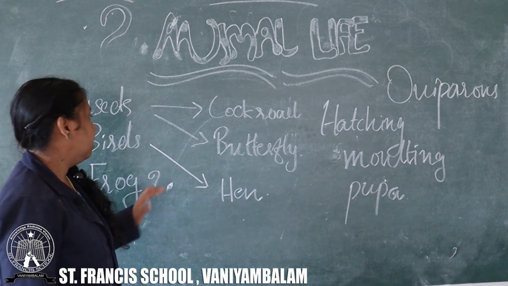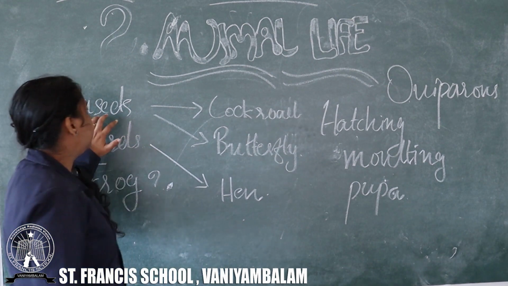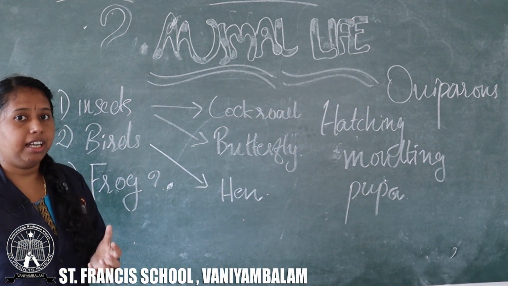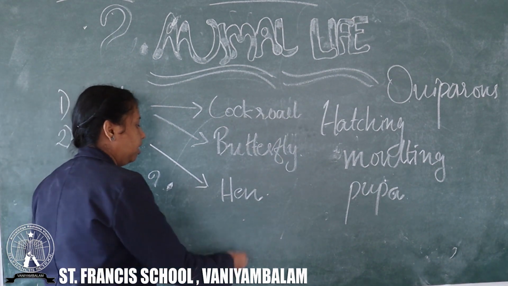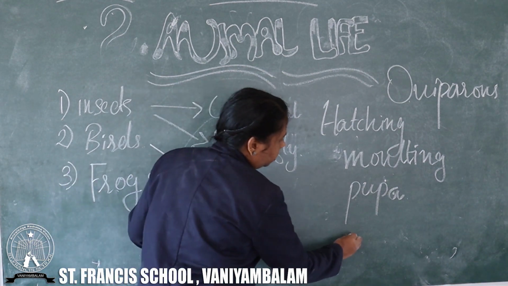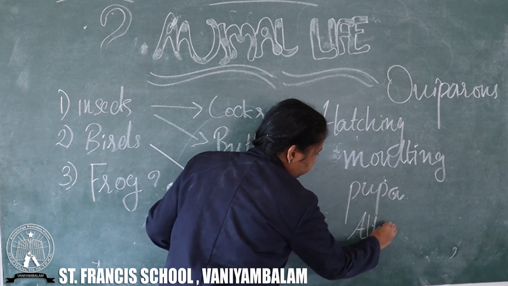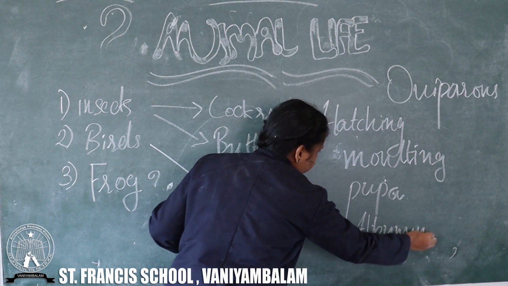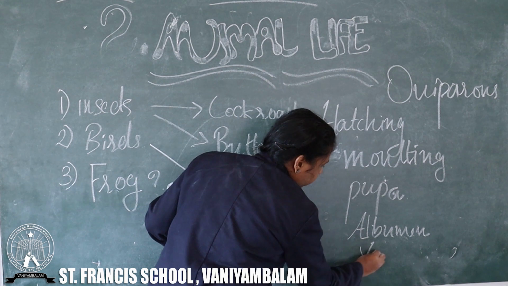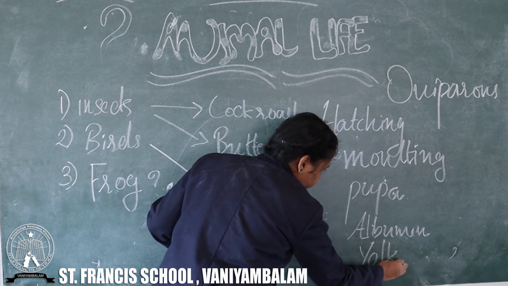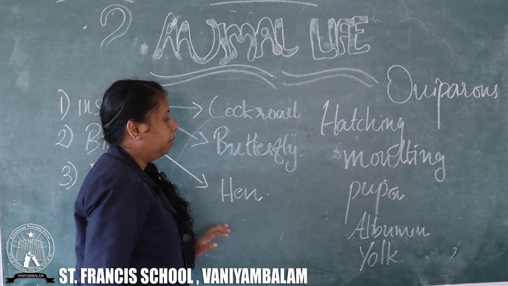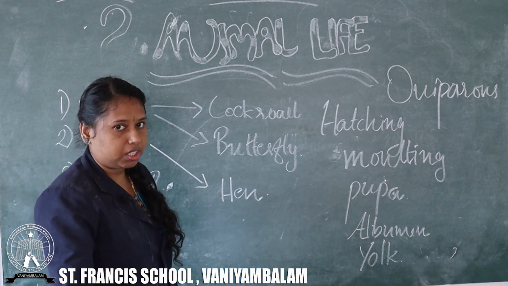When we compare it with the insect, this egg of bird has its own structure. In the eggshell, albumin is there. Then it is enclosed with the yellow color structure, which is the food of the baby, which is known as yolk.